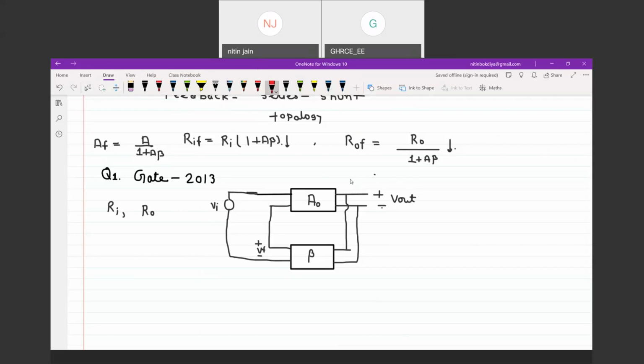So I can say this sampling is voltage sampling. And this mixing is what? Vi minus Vf. This is voltage mixing.